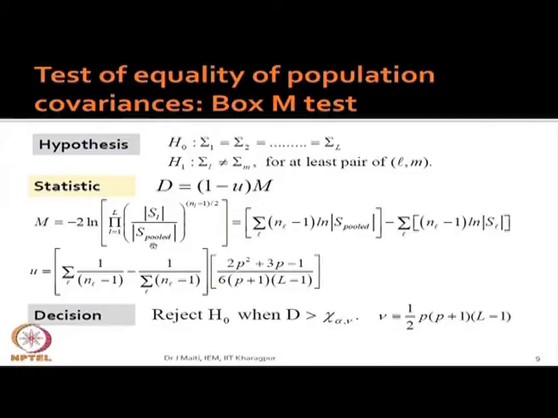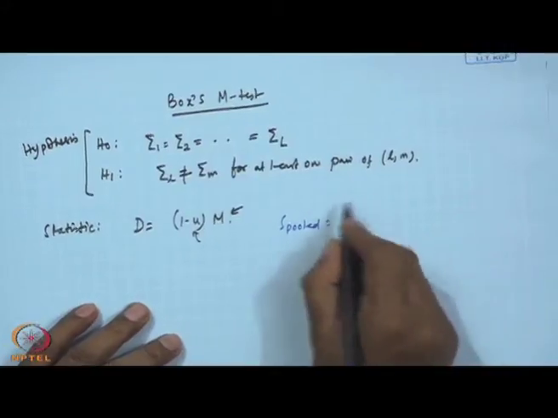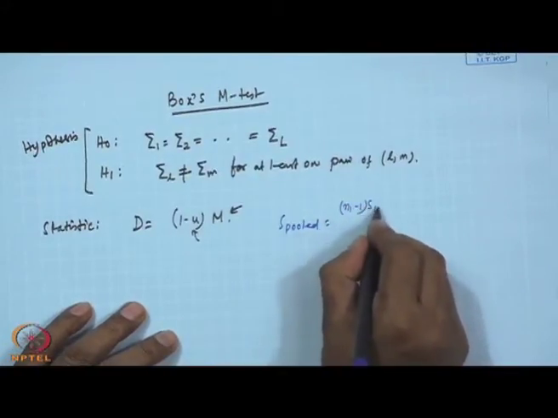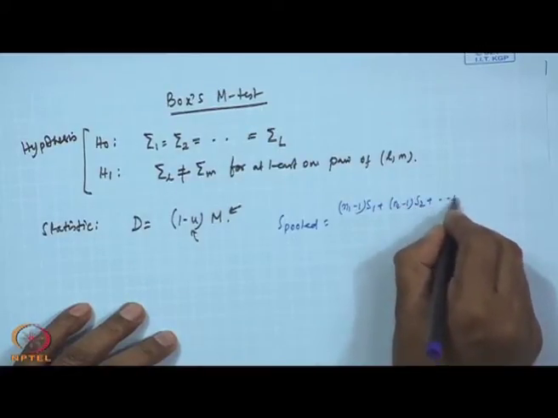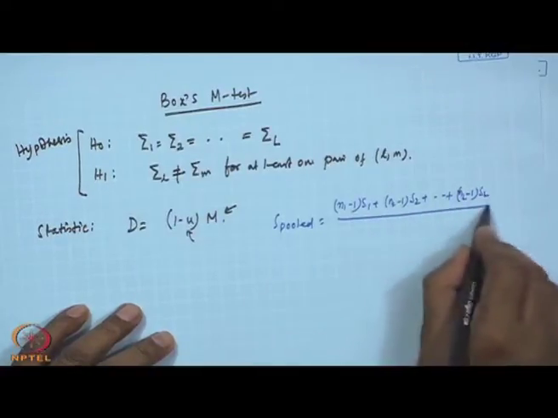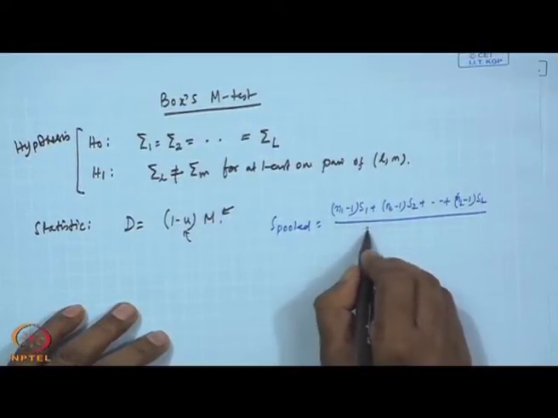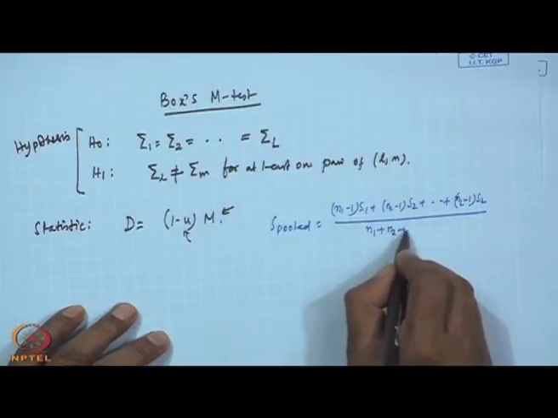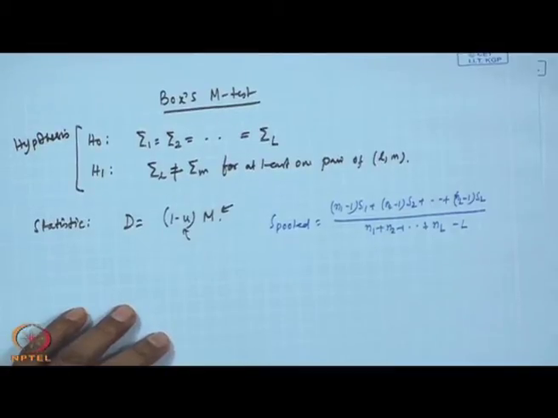All of you know S pooled. What is S pooled? How to compute S pooled? N 1 minus 1 S 1 plus N 2 minus 1 S 2 plus N L minus 1 S L divided by what? N 1 plus N 2 plus N L minus L, correct.